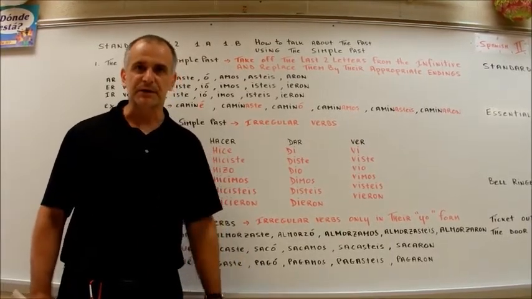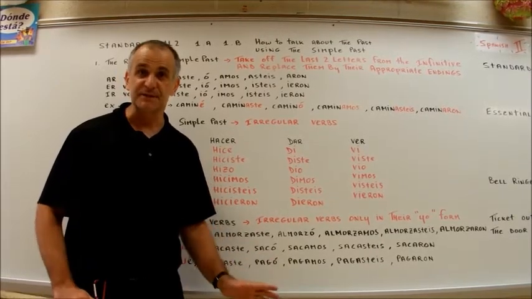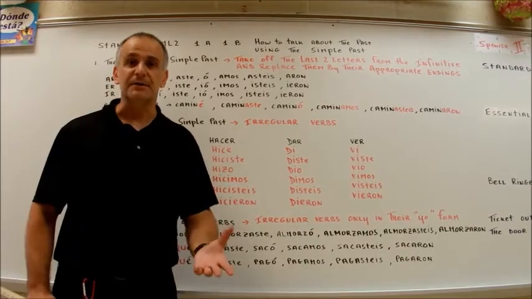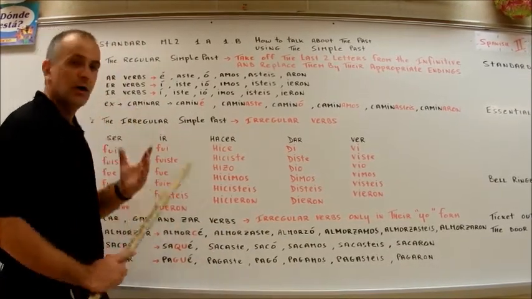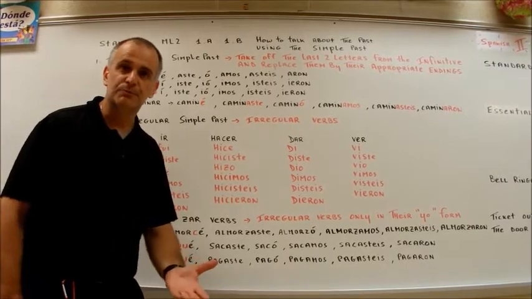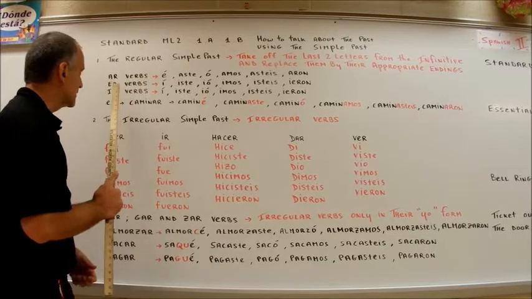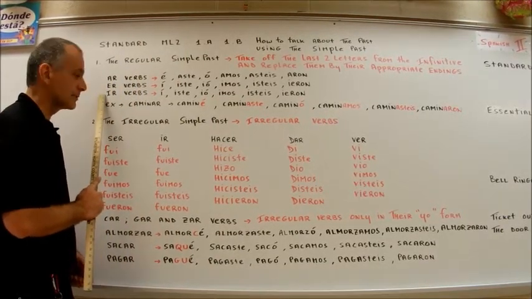And then once you get there, you drop the last two letters of the infinitive itself and you replace them by the appropriate ending. As you can see up here, I have the three types of verb groups that we can find in Spanish. The AR verbs right here, the ER verbs, and the IR verbs.